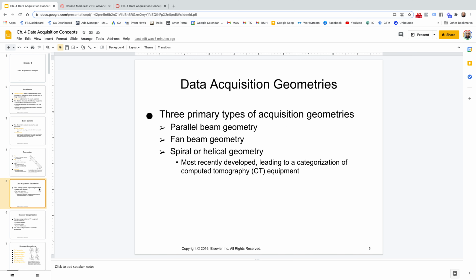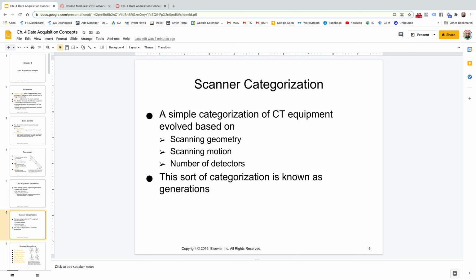Data acquisition geometries. There are 3 primary types of geometries: parallel beam, fan beam, and spiral or helical geometry. Scanners are categorized basically by their evolution. They look at scanning geometry, scanning motion, and number of detectors. This is also what's referred to as generations.